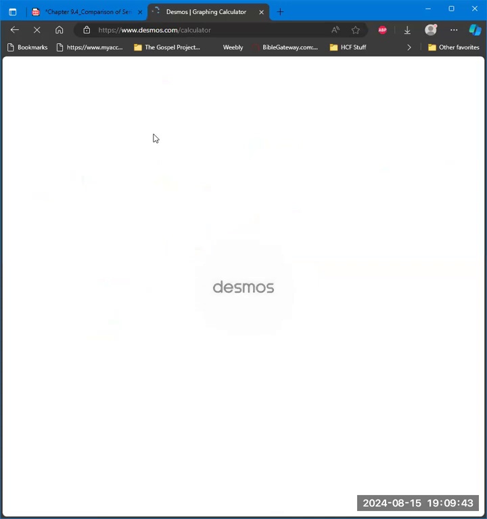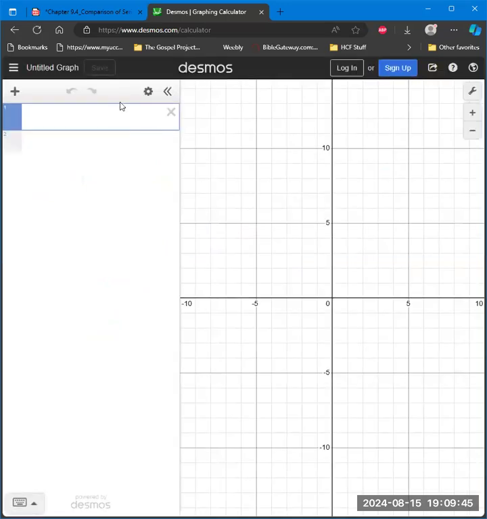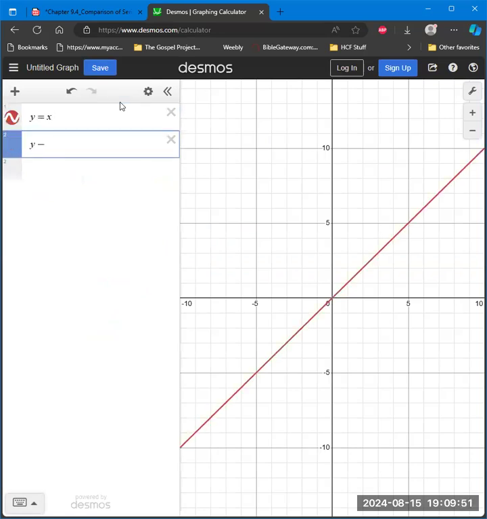Graphing calculator, y equals x, and y equals the square root of x, and then plus 3 on the outside. And that point of intersection there is after the number 5.